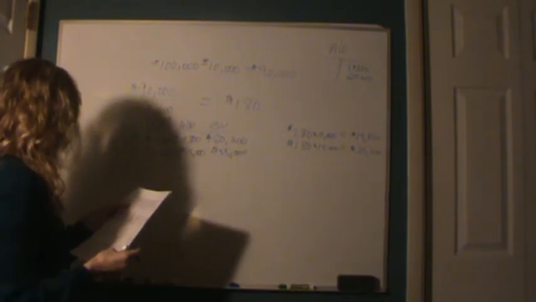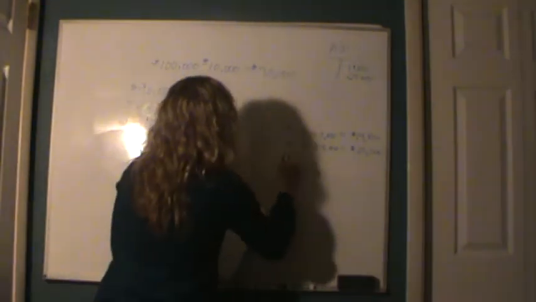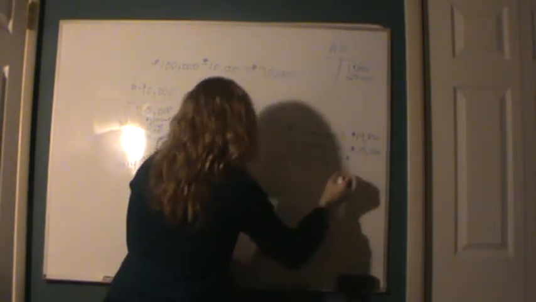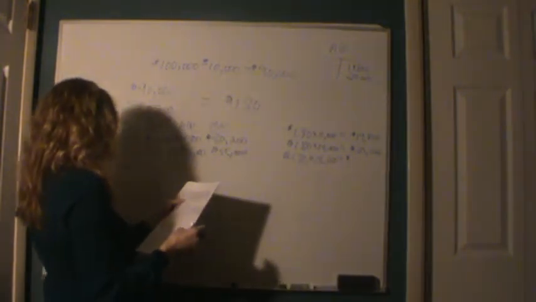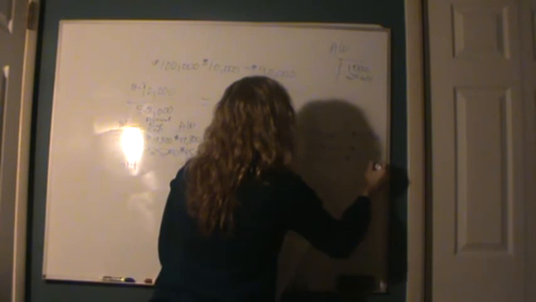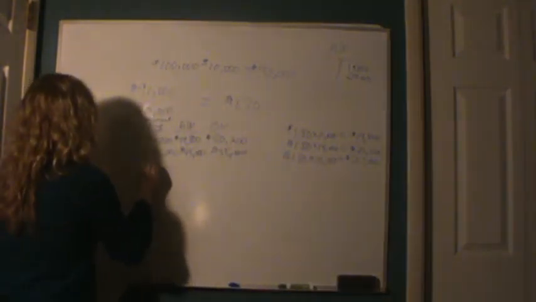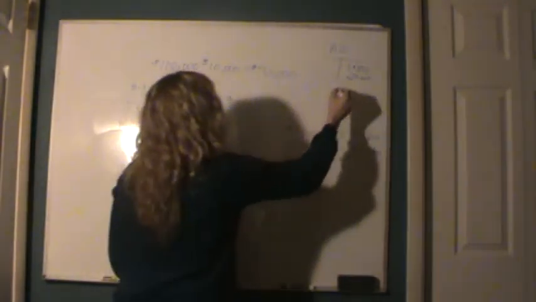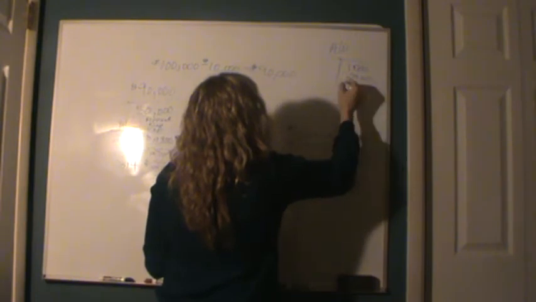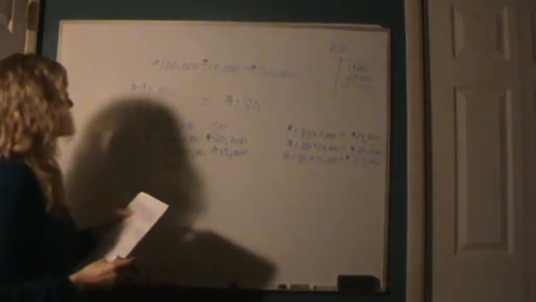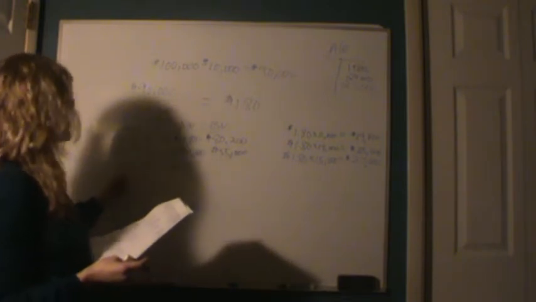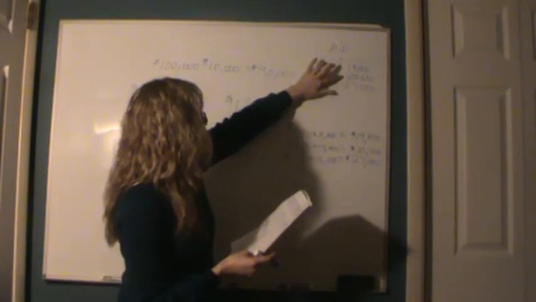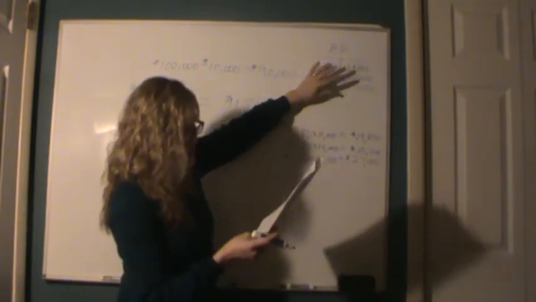Now let's go to 2014. In 2014, we have 15,000 units. So $1.80 times 15,000 units is going to be 27,000. So our depreciation expense would be 27,000 for 2014. We're going to add that on to our accumulated depreciation. So now we're going to have to determine our accumulated depreciation for 2014. It's going to be the 19,800 plus the 25,200 plus the 27,000.